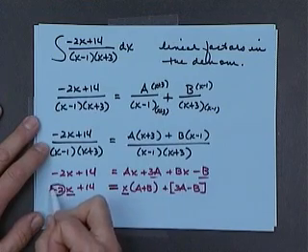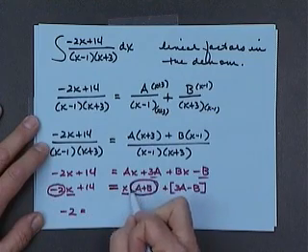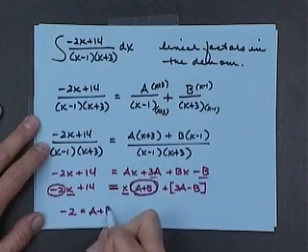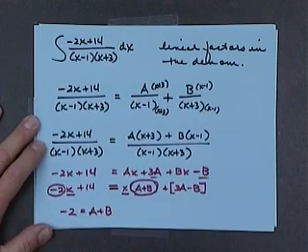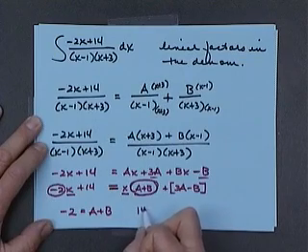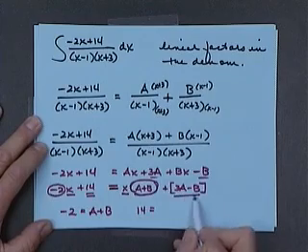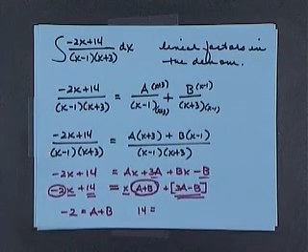So what's the coefficient of x here? Negative 2. It must be equal to the coefficient of x over here, which is a plus b. Seems logical? Tell me another equation. 3a minus b equals 14. Good. 14, which is the constant on the left side, must be equal to the constant on the right side because these two things are equal.